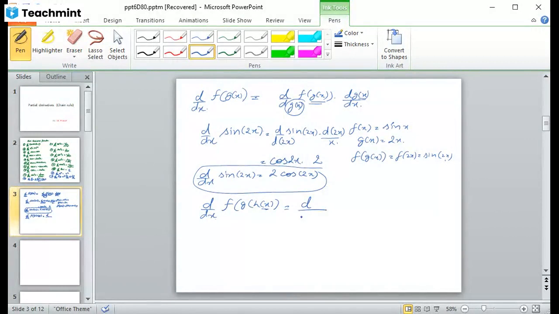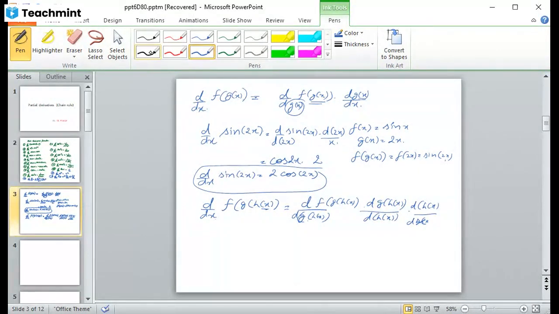Firstly, I'm going to differentiate the function f with respect to g of h of x, right? And then we differentiate g of h of x with respect to h of x. And then we differentiate h of x with respect to x.